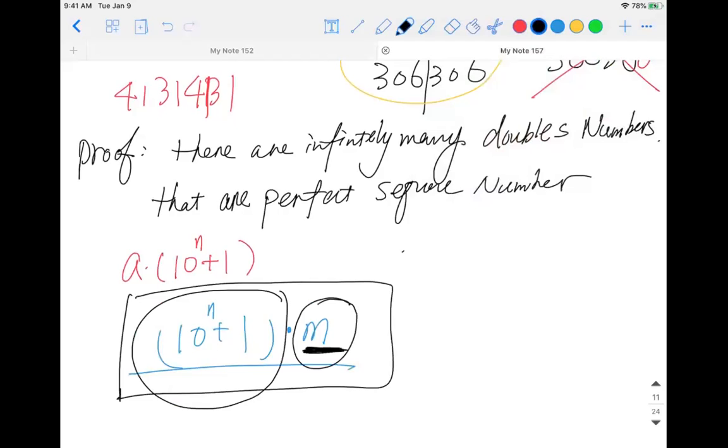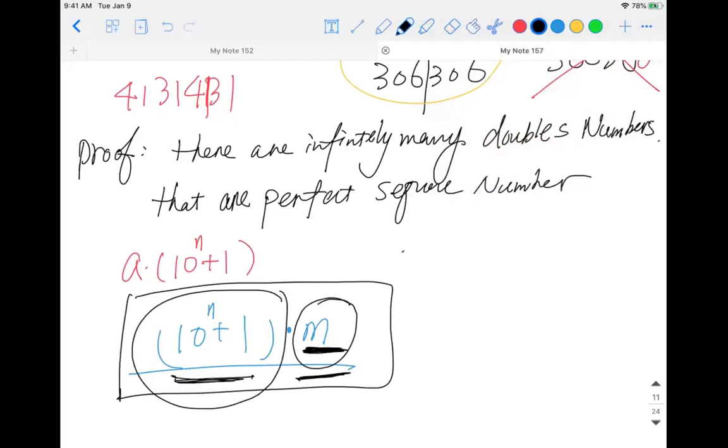Oh yeah, the number of digits of m. Right, exactly. The number of digits of m must have some constraint. M can't be too big, neither too small. If m is only 1 digit, but this is like 300 digits, this is not going to be a double number.